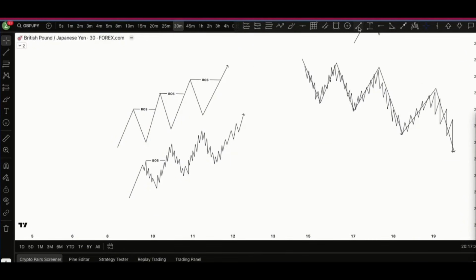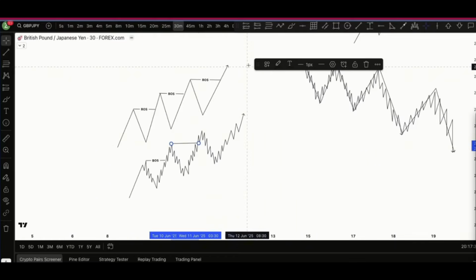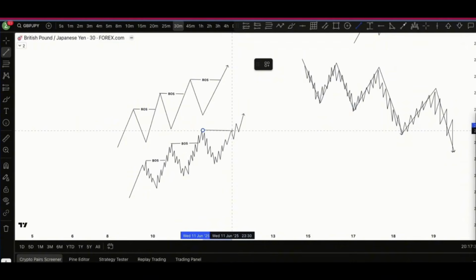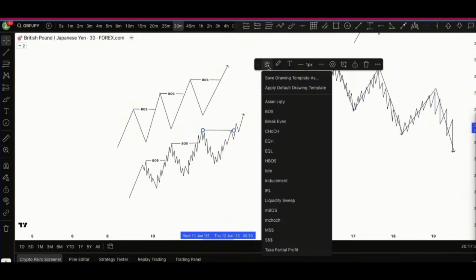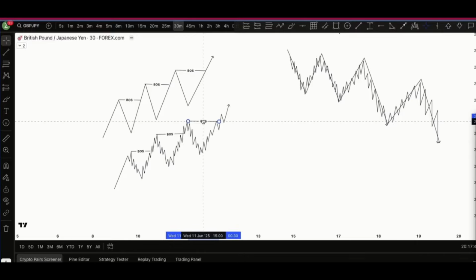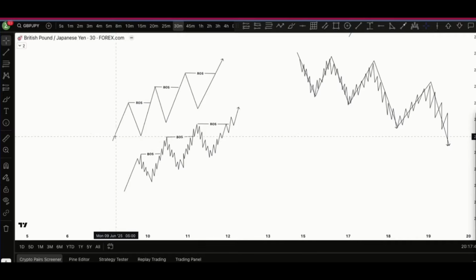Then we have another break of structure, that is the second break of structure. And then we have another break of structure, that is the third break of structure. So you see how the advanced market structure works. We don't have price moving straight like this. It always moves like this.